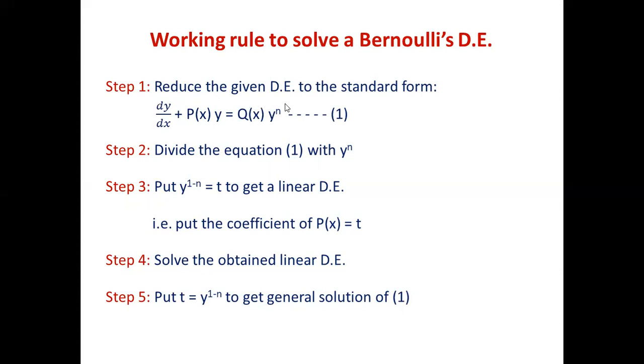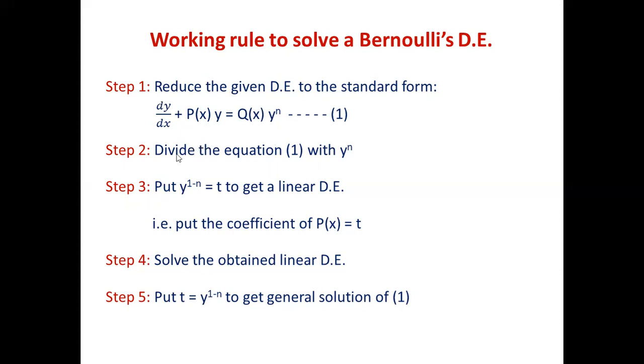This is the first type, dy by dx plus p of x into y is equal to q of x multiplied by y power n. As I said earlier, you are going to solve it by reducing it into a linear form. So first step is reduce the equation to the standard form.